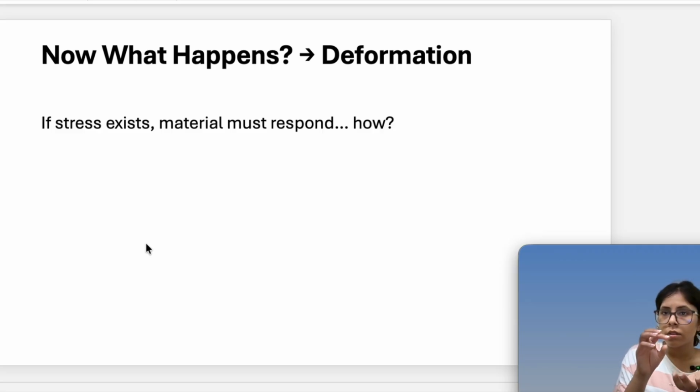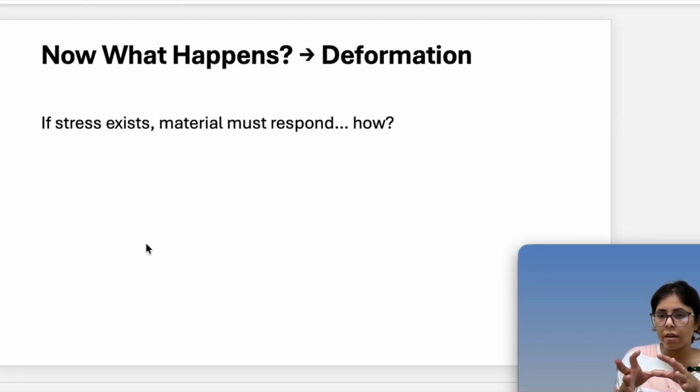The quantity which came from these two quantities, force and area, is known as stress. Now we saw what stress is, what its unit is, the types of stresses, and the stress tensor, how we keep the record of stress.